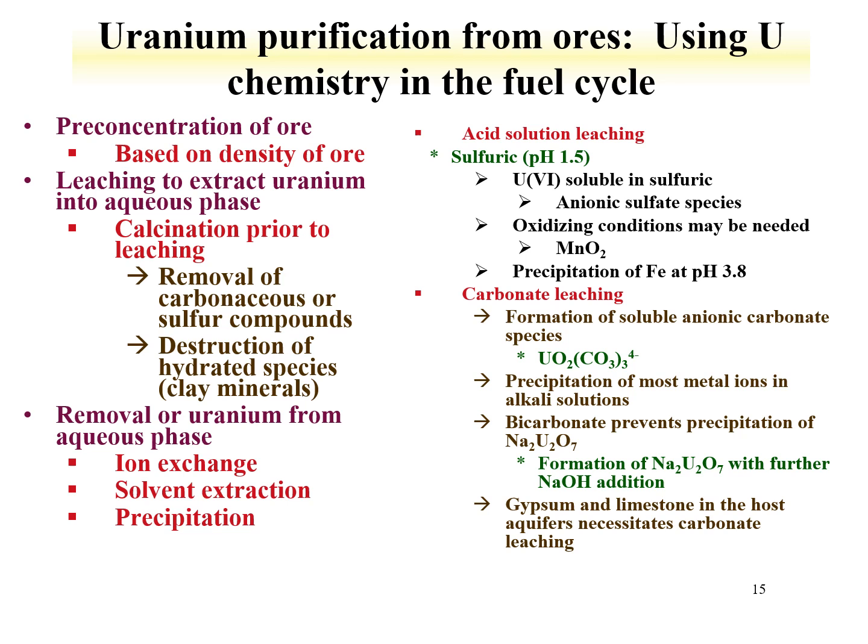Under these conditions, most other metal ions will be precipitated, so you can achieve a relatively rapid separation of uranium in the solution phase, other metal ions in the solid phase. Use of bicarbonates prevents the precipitation of the sodium diuranate, and this is primarily used for gypsum and limestone in the host aquifers, since adding acid would dissolve these host forms preferentially.